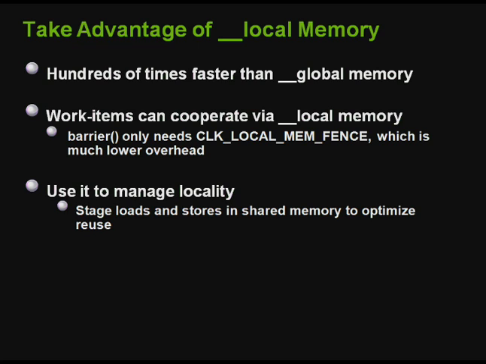You can also use it to directly manage locality, even if you aren't interested in using it to share work or synchronize. You can use it to stage data, tile data, these sorts of optimizations that allow you to explicitly manage locality as a programmer and take advantage of that huge bandwidth increase.